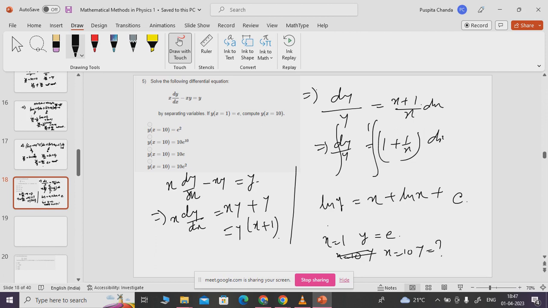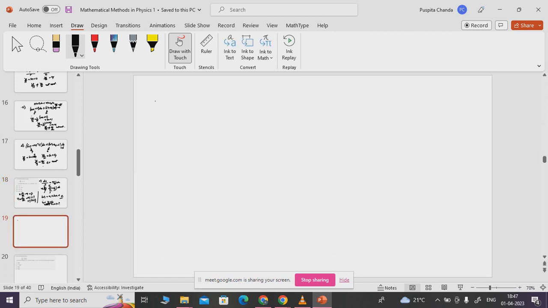Given the value, we need to compute y if x is equal to 10. First, from this condition we need to obtain c. So ln y is equal to x plus ln x plus c.